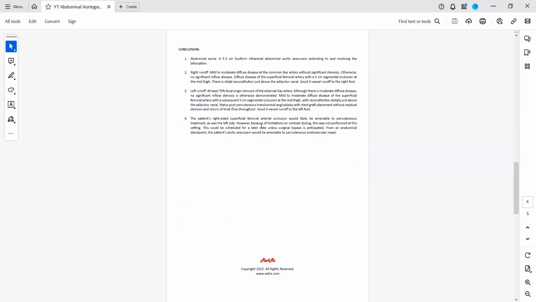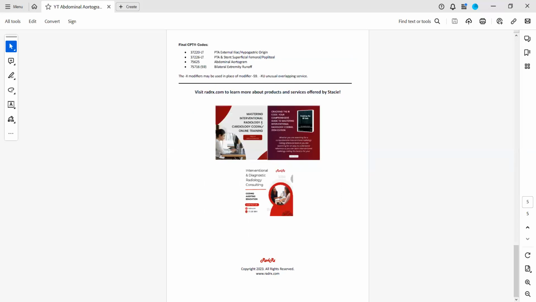So again, we have our conclusion. The conclusion is going to summarize those significant findings for us. So we've seen all the detail, we've verified all of our codes, and then here is the final codes for you to look at. So the final codes for this case, after all is said and done, we have 37220 for the angioplasty that's at the external iliac hypogastric origin.